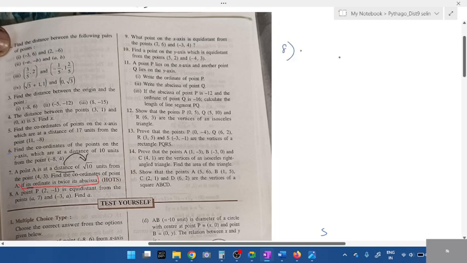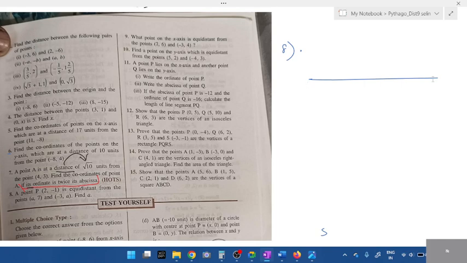8th one. Point A is equidistance. Did they solve this? Yes, your teacher did. Nothing was cancelled, right? Okay.